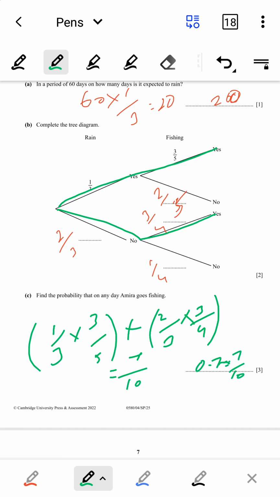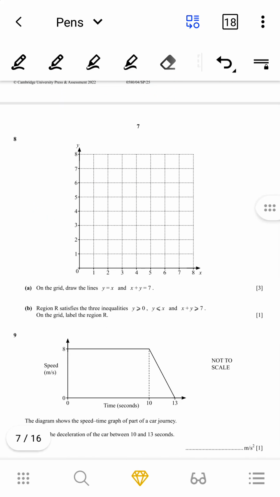Clear? So very simple. Next, moving forward with the 8th one. Very important, this one: linear inequalities. These regions, bounded regions, how to identify in the linear programming concept. On the grid, draw the line y equal to x.